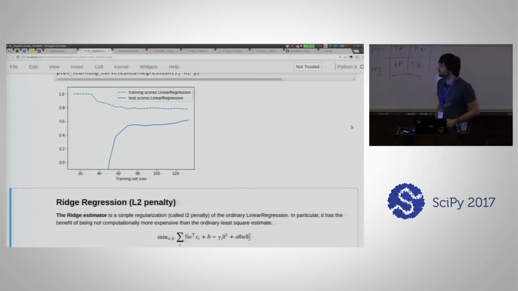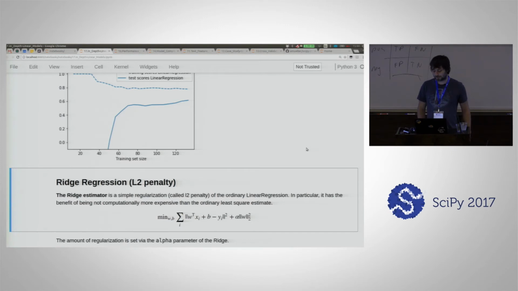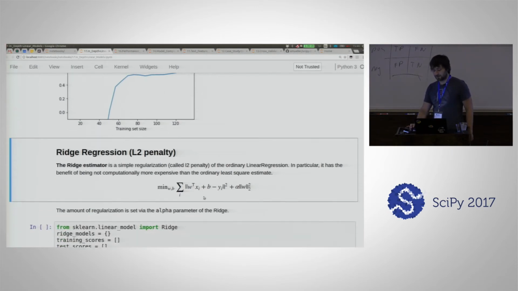Another option is to use regularization. The most commonly used form of regularization for linear models is what is called an L2 penalty. The model that corresponds to this is called ridge regression, and it's very similar to the model above. So in addition to this term which says predict well on the training set in the least squares sense, there's also another term that says the coefficients should be small.